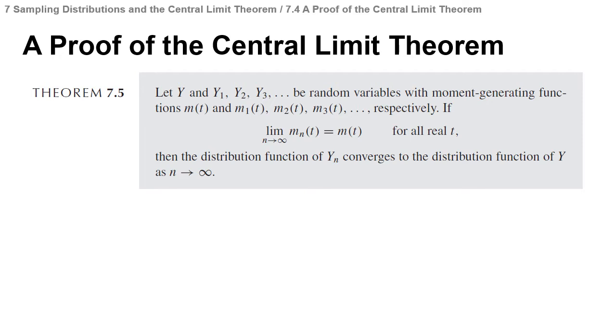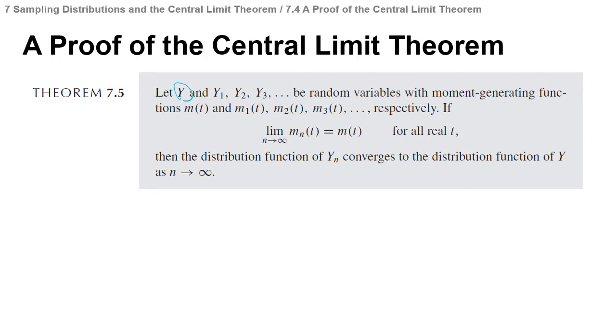Before we prove the central limit theorem, let's state one theorem, which is Theorem 7.5. Let Y and Y1, Y2, Y3, and so on be random variables with moment generating functions M(t), M1(t), M2(t), M3(t) respectively.